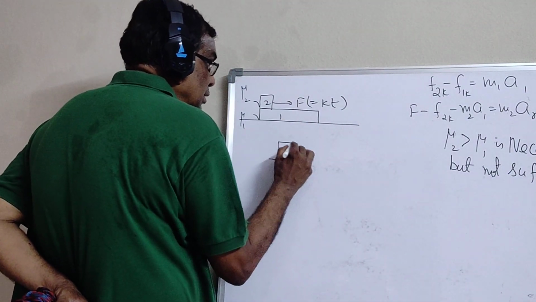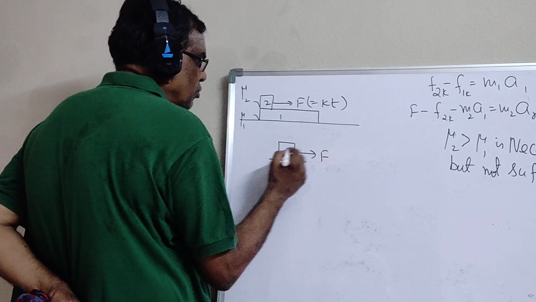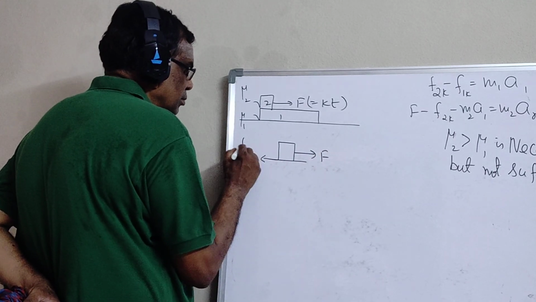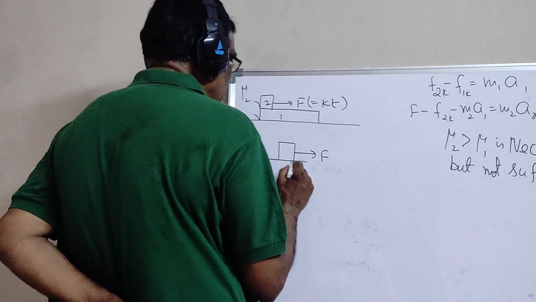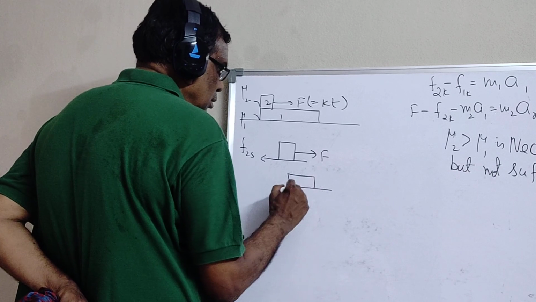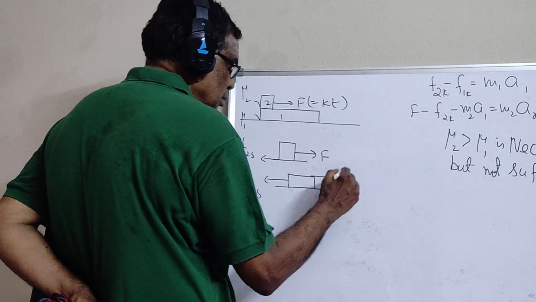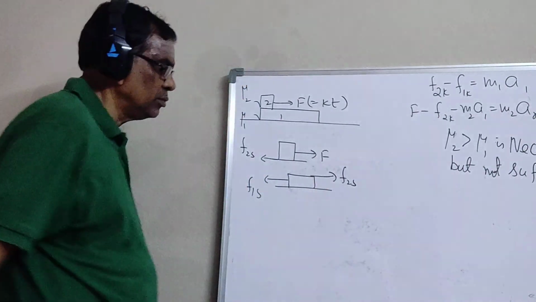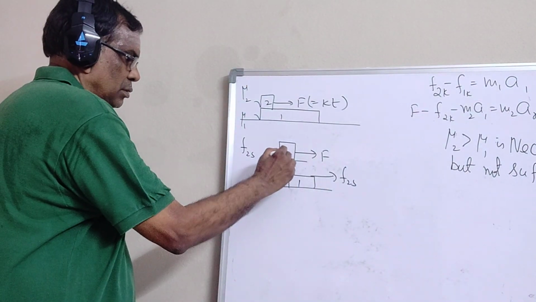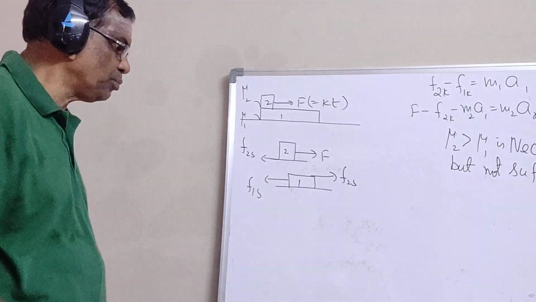How do I write this? This is F, F2, and F1S. M2, M2G, M1, M1G, that's all there.